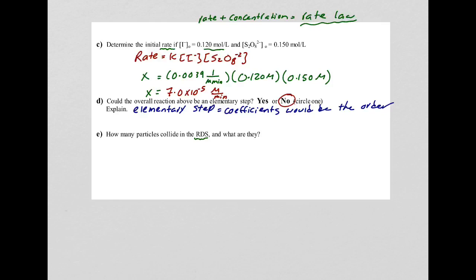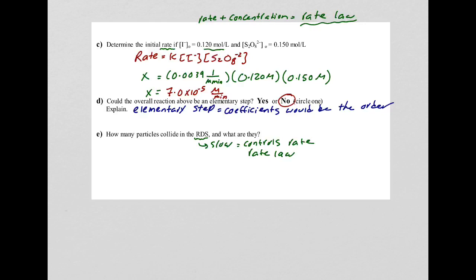So the rate determining step, that's my slow step. That's what controls the rate. That's what's going to tell me what my rate law is. So when you look at the rate law, based on experiment, the order of I is 1 and the order of S2O8 is also 1.